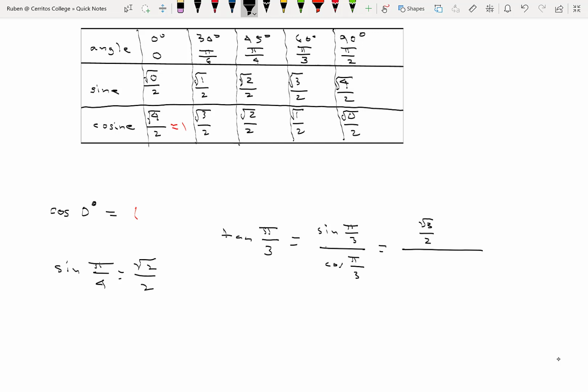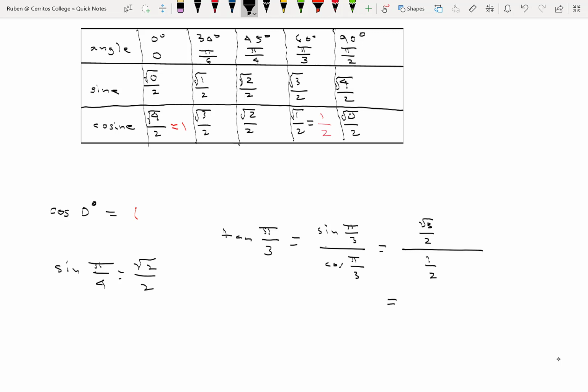And the cosine of pi over 3 is radical 1 over 2. And a little reality check, we don't write radical 1. The square root of 1 is simply 1. So radical 1 over 2 is 1/2. Okay, so this is sine of pi over 3 over cosine of pi over 3. Cosine of pi over 3 is 1/2.